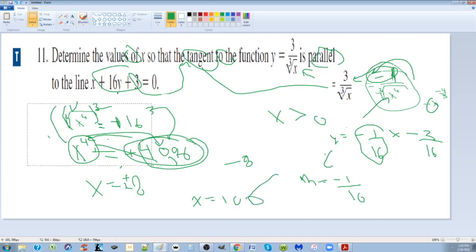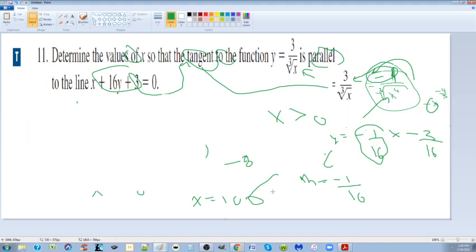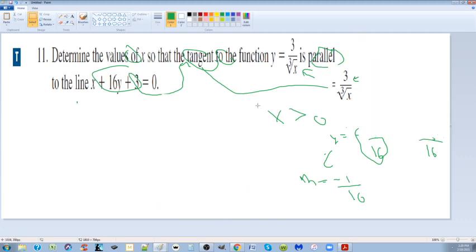So they're asking us to determine the values of x. So I believe it might be, as well, positive or negative 16. Positive or negative 16. And the clue here is they said values.